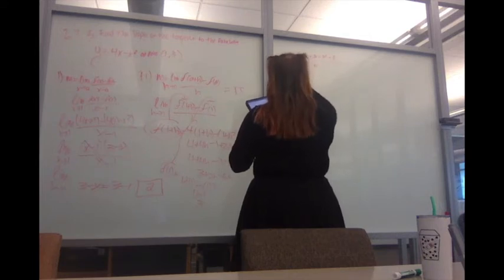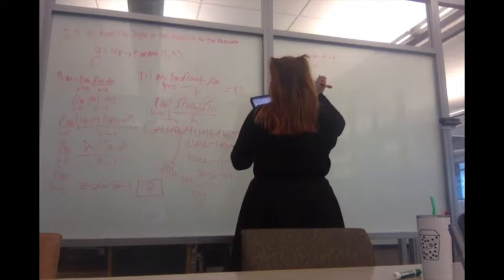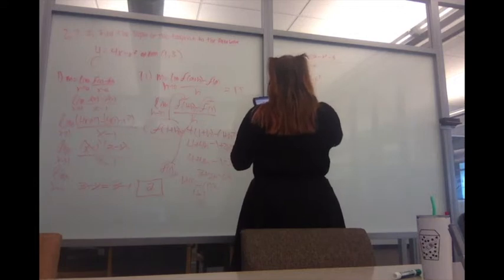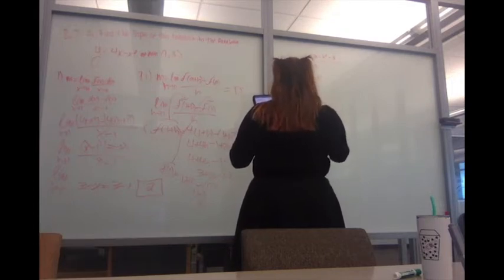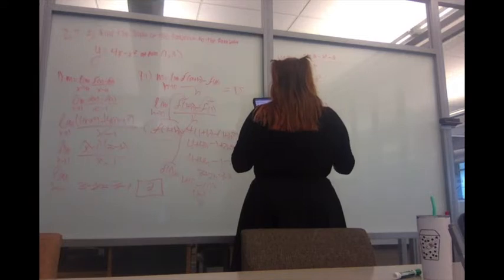Then you get the limit as h approaches 0 of 2h minus h squared over h, which simplifies down to the limit as h approaches 0 of 2 minus h.